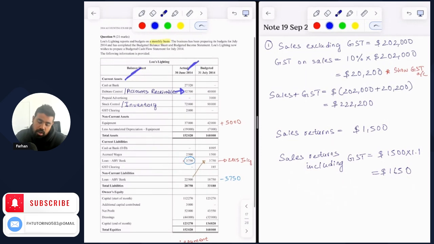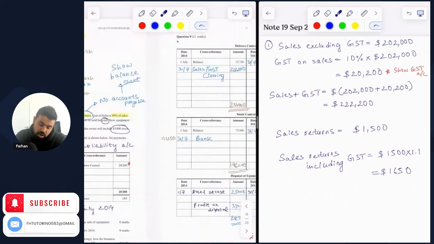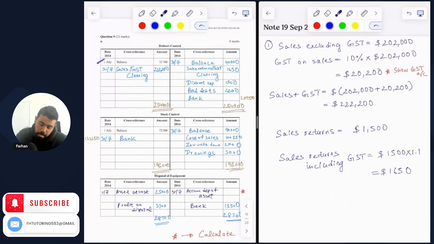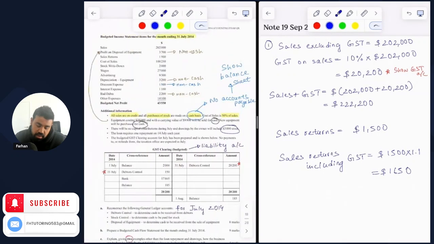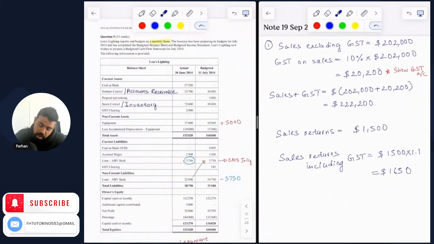And that is what you are looking at, the reconstruction of ledger accounts here. Then for the month ending 31st of July 2014, the closing balance which we need to record on the credit side is $40,000. And again, this is taken from the forecasts, the balance sheet that we're given for the month ending 31 July 2014.